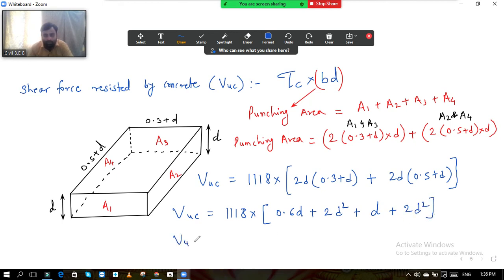So therefore VUC is equal to 1118 into, in the bracket, 2d square plus 2d square, 4d square, plus here 0.6d plus d, so it is 1.6d. Now multiply inside by this 1118. So VUC is equal to 1118 into 4. What is the answer? 1118 into 4 into 4.